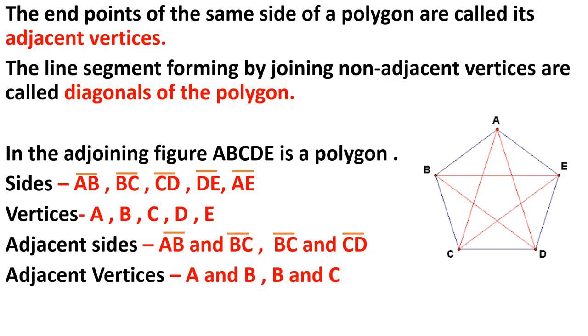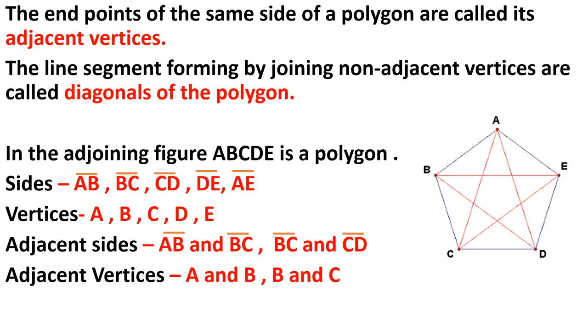These are vertices. Now adjacent sides. Adjacent sides I have told you are साथ वाली sides. There are many, I have given only 2 examples. Now see AB and BC. These are adjacent sides, or we can say one pair of adjacent sides. AB is adjacent to BC. Why? Because in AB and BC, vertex B is common.